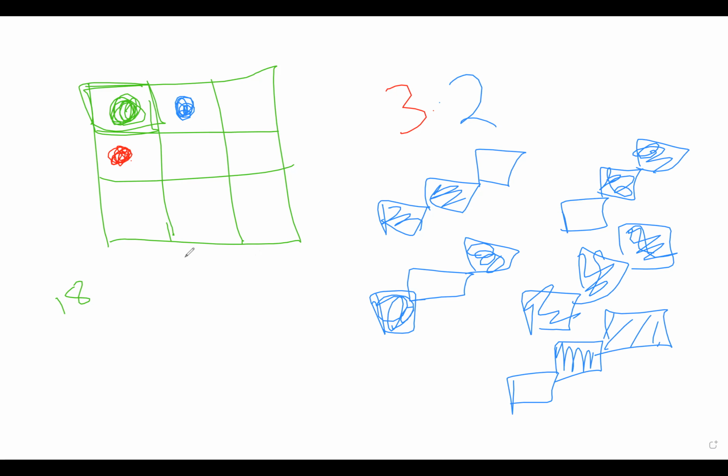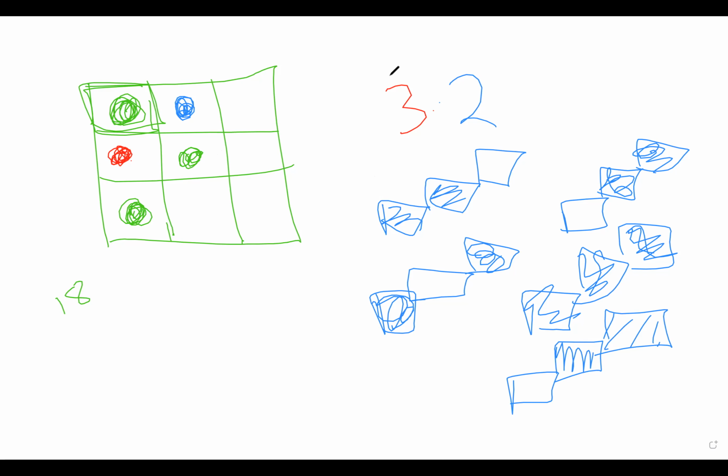Is it possible that these two are the same colors and this is a different color? Well, the only way that these can be the same colors is if they're both green, right? That's the only possible way, because it can't be red and it can't be blue because there's already a red and you'd have something adjacent to its same color, right? So now we have 2 reds, 2 blues. Can we fit them in? Yes.